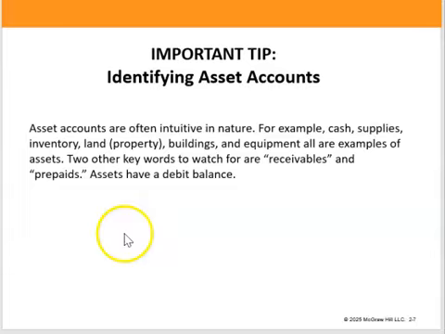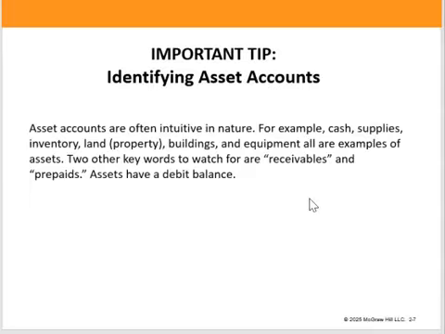Okay. So asset accounts are often intuitive in nature. For example, cash, supplies, inventory, land, building, and equipment are all examples. Two key words to watch for, which are very clear indicators that it's an asset, are receivables, such as accounts receivable.